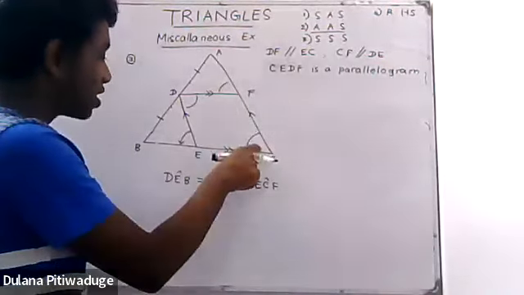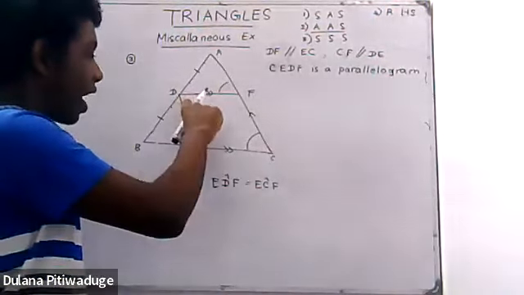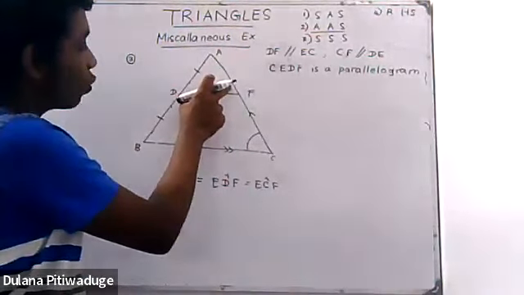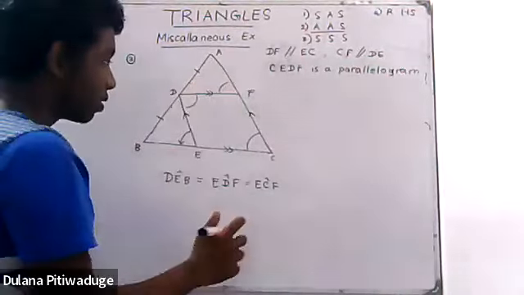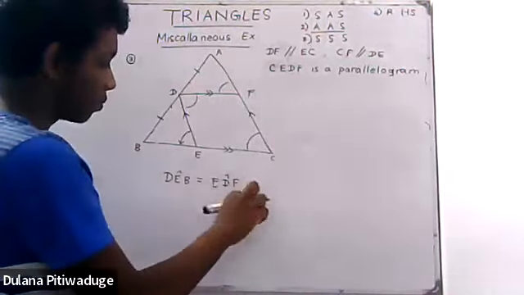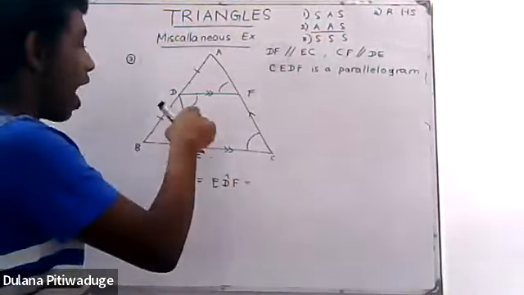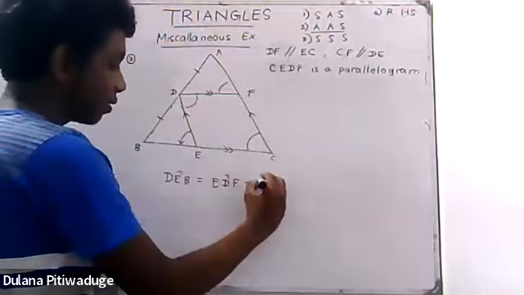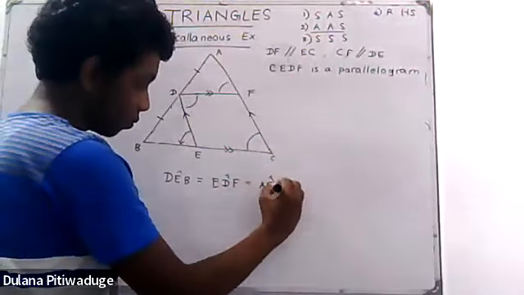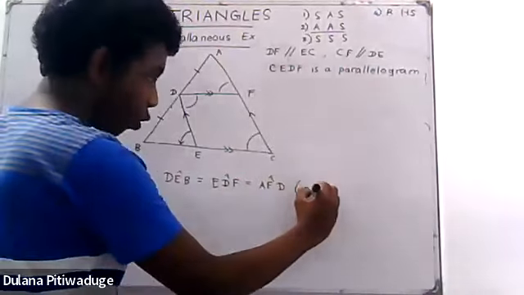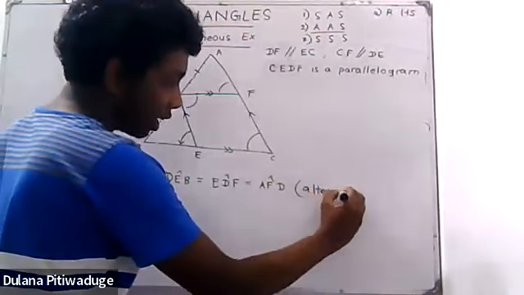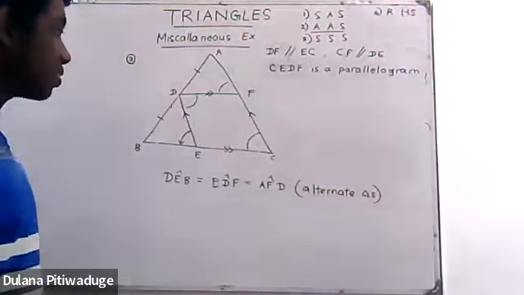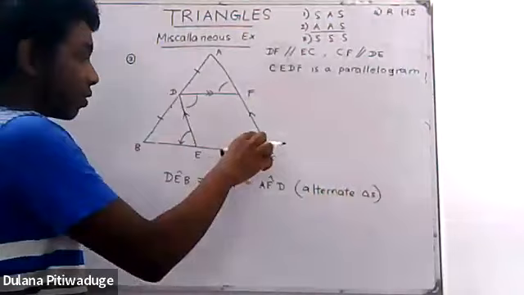You don't have to consider this angle over here. You can consider these two alternate angles, and then again these two alternate angles. By using those two facts, you can say that these two angles are equal. Angle EDF is an alternate angle with angle AFD. For both facts, the reason is alternate angles. Now, as they are alternate angles, these two angles are equal.